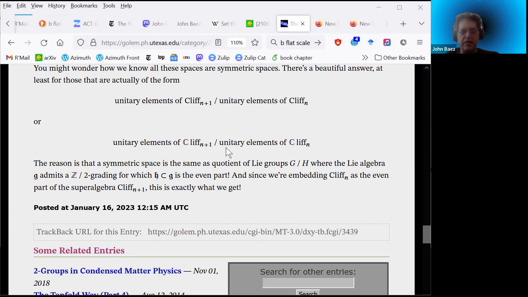Well, when you write unitaries there, that makes you look like you're dealing with the Lie group. And then when you talk about the self-adjoints, yeah. So, okay, I could shortcut it. I could just say the skew adjoints in the Clifford algebra form a Lie algebra.